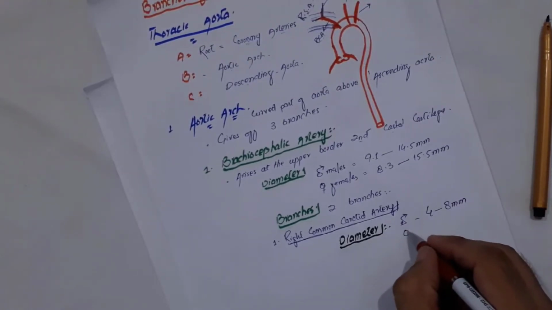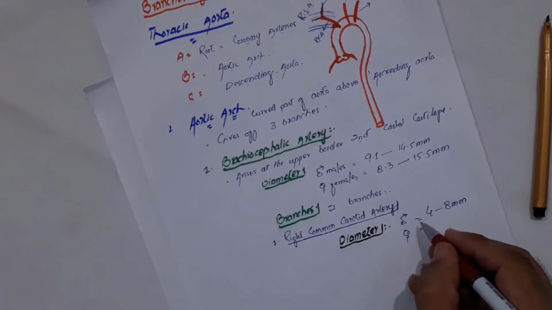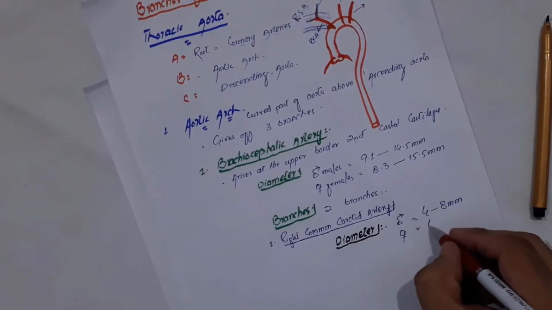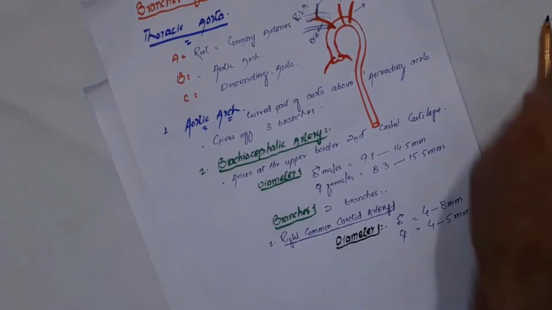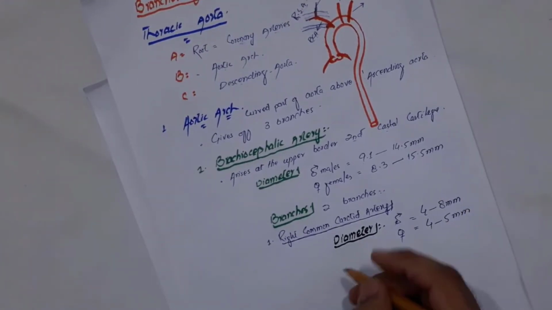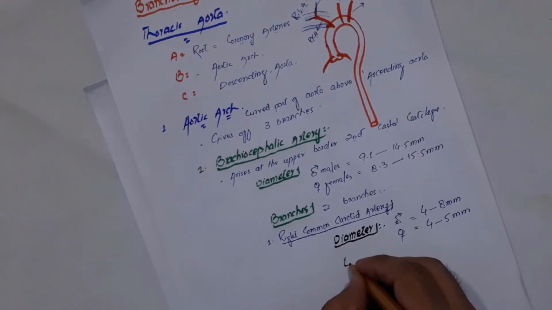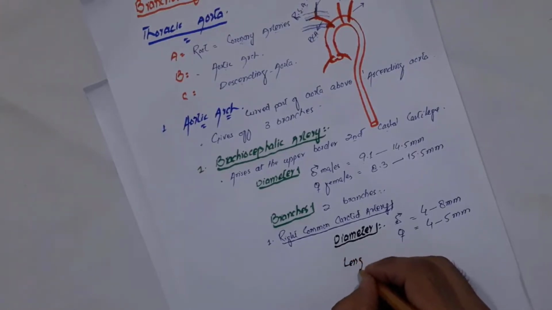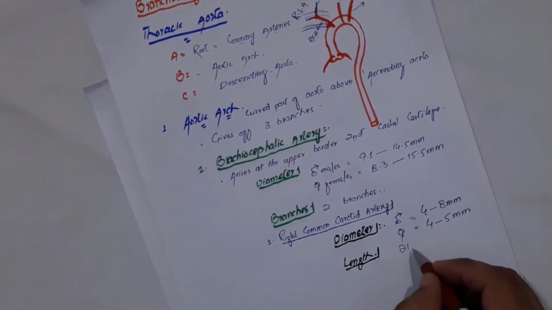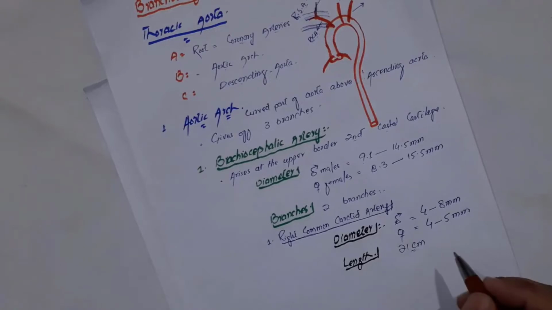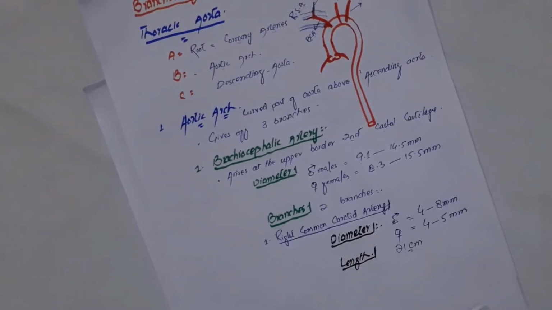And in case of females, its diameter is about 4 to 5 millimeter. Clear, friends? Very good. And then what is the length of this right common carotid artery? Its length is about 21 centimeter.